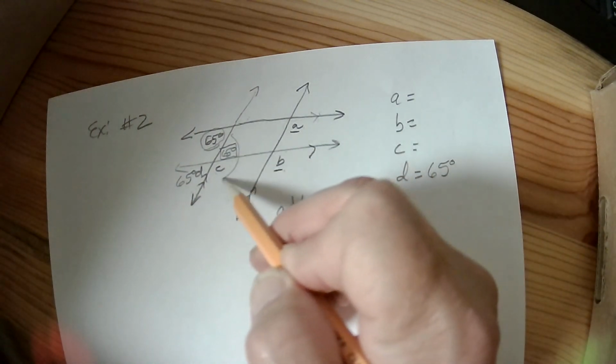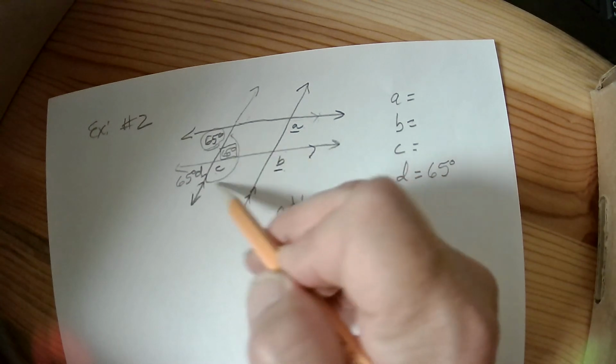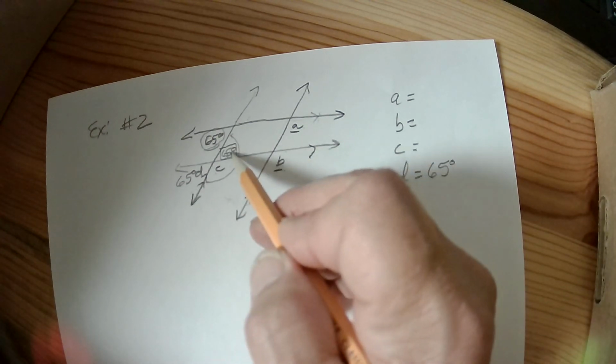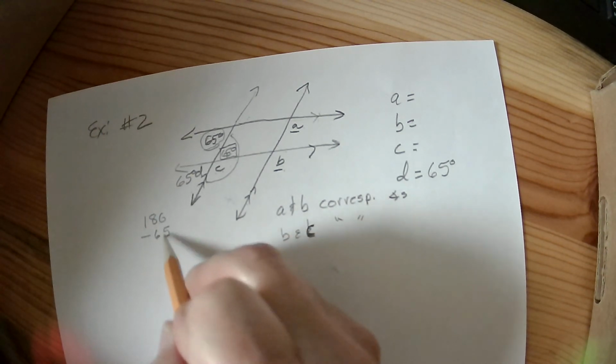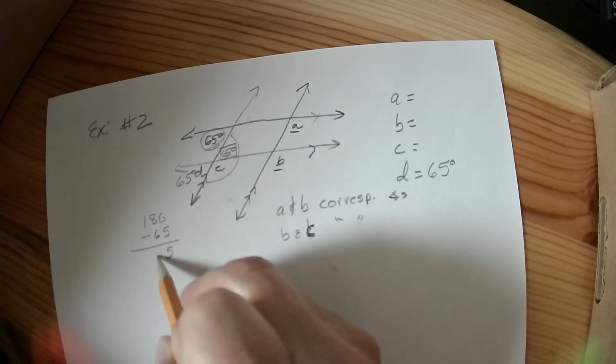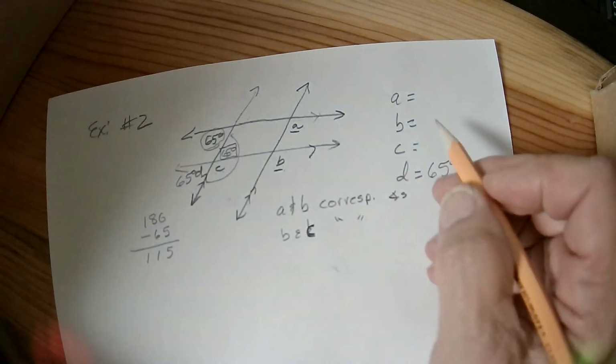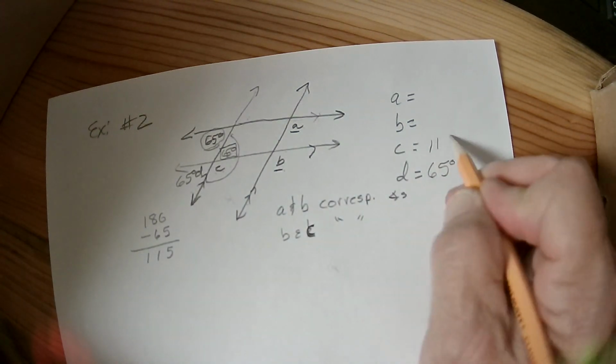C and D are a linear pair, right? So if this is 65, C is 180 minus 65. So C is 115.